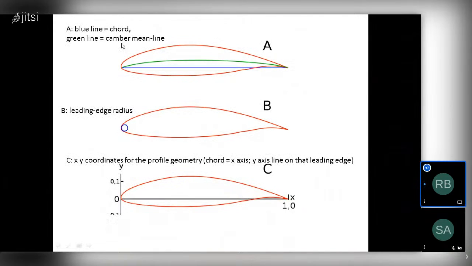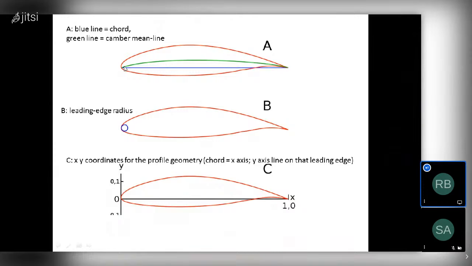See, there is a difference between the chord line and the mean line. If I cut along this mean camber line, I can easily get two equal parts.